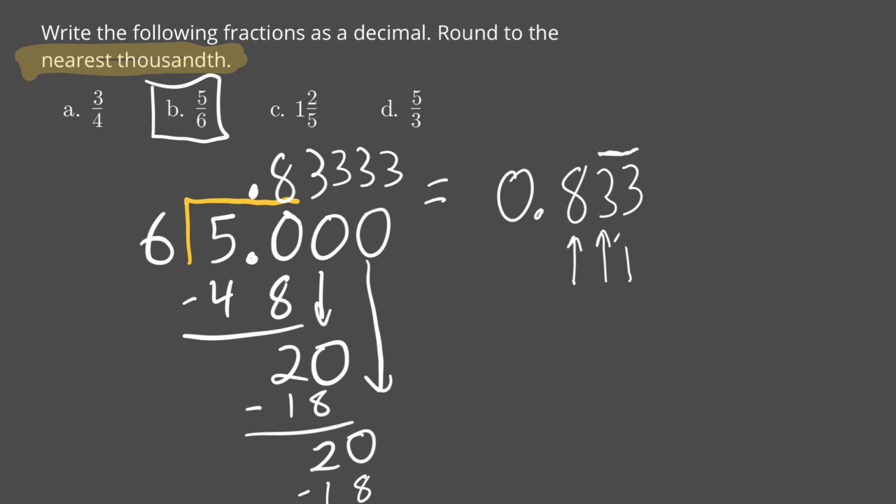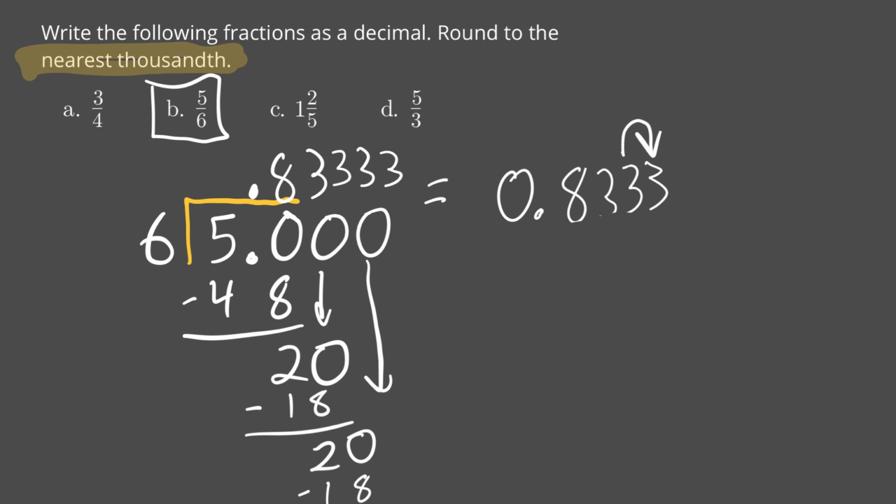Let's erase this briefly. So since we have 333 repeated, we need to round to the third decimal place. We look to the right of that digit and see, is that number 5 or greater or less than 5?